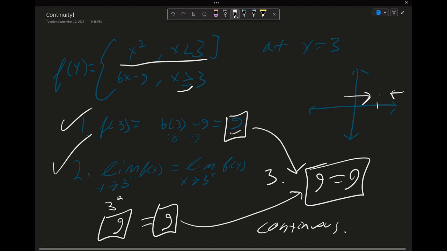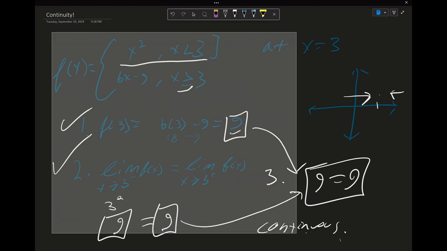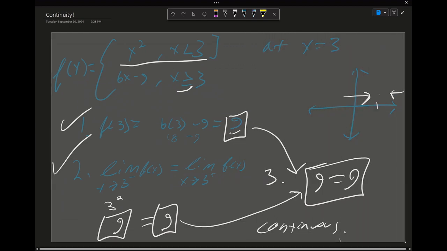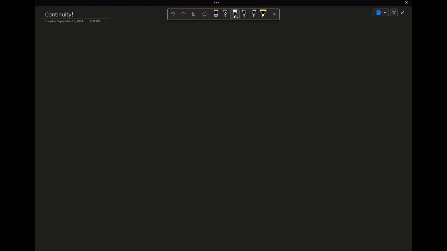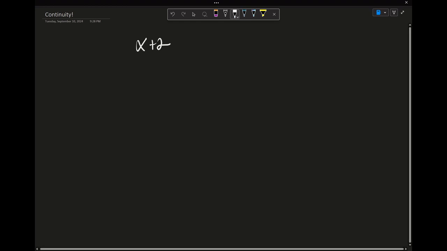Let's do one more example with removable discontinuities. So with the function x plus 2 divided by x squared minus 4. Let's evaluate this.